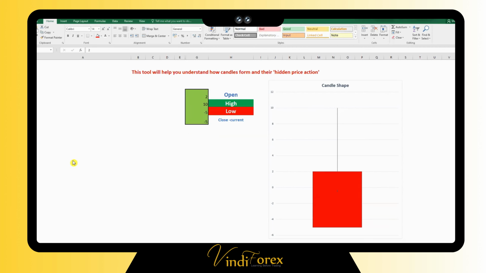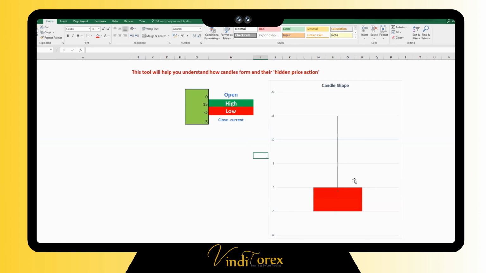So if we were to change this, let me dial this to be a bit longer. Let's dial this to 15. So if we dial this to 15, you can see right here, let me do the open to be 0, so you can see right here, still the same, right? The body is just, there's no wick down here, but there is a wick up here, right?